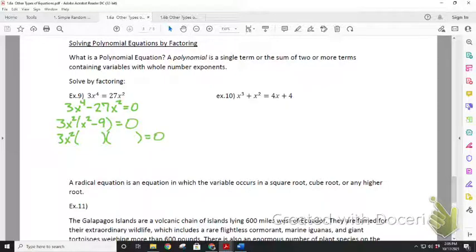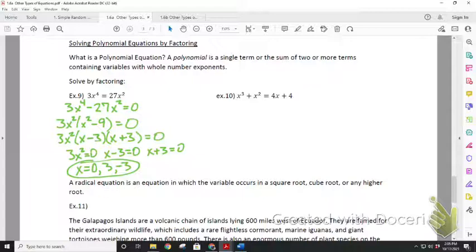I mean, we could have set that equal to 0 and we would have solved it just fine, but this way makes it a touch easier. Now set each thing equal to 0, and you are about done. So that means x is 0, 3, and negative 3.